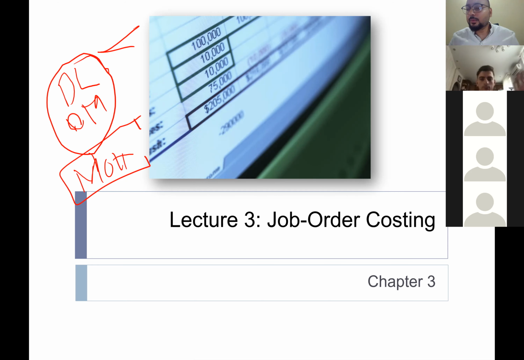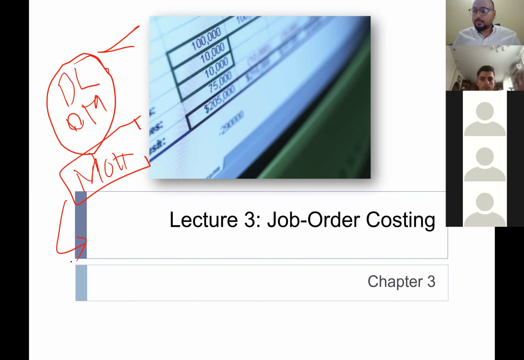So if you want to find out the value of manufacturing overhead, you make some kind of assumptions about how the factory runs.